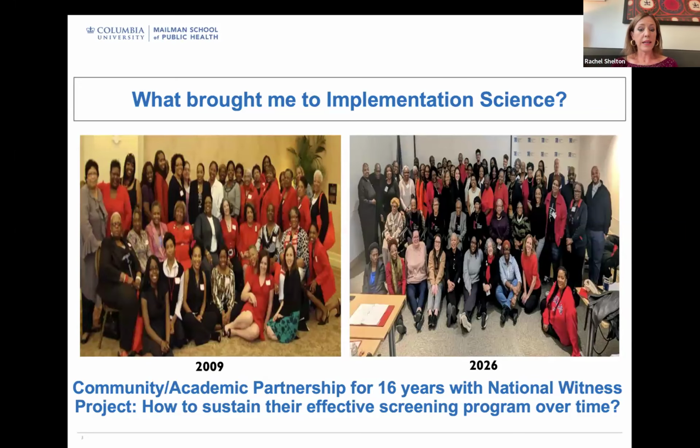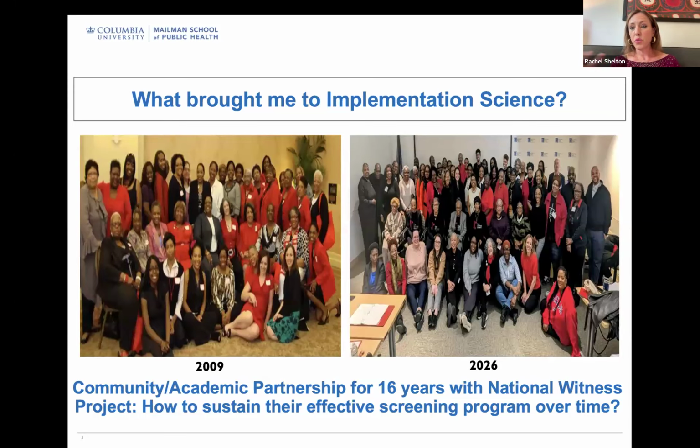So I was really lucky, again, to partner with this group. I had an amazing mentor at Mount Sinai who connected me with the founder of the program. And I met with them, this is 2008, 2009, and I said, I have all these ideas, we can write these grants together. And they said, that's great. The only issue we really care about is sustainability of our program.